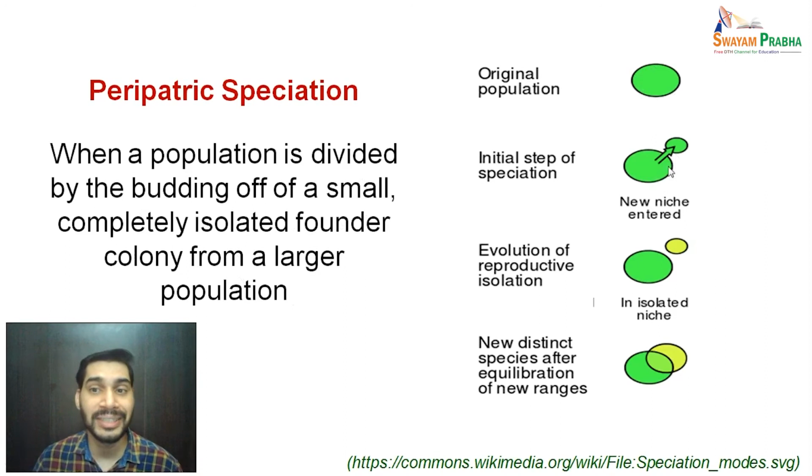So there is an entrance towards a new niche by some members, that is the founder members. And then the evolution of reproductive isolation takes place. Ultimately, even if they come back here, they are unable to breed with the original population because they have formed a totally different new species. This is called peripatric speciation.